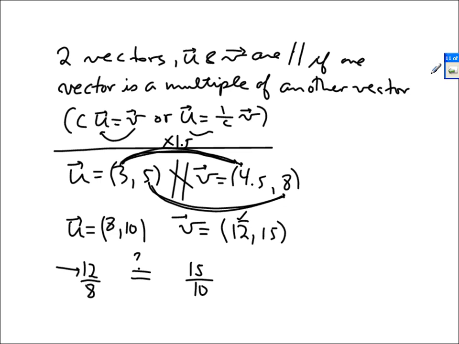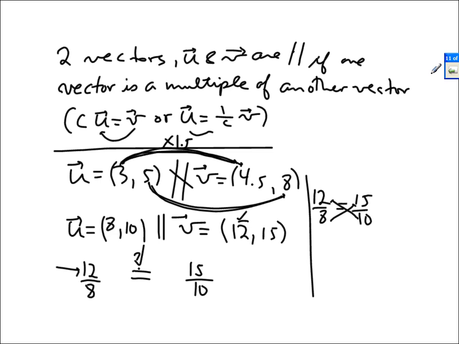The question is, are these two equal? Let me solve that over here. It's 12 over 8 equal to 15 over 10. Now you can cross multiply, but you're going to have to know what 10 times 12 is, which you should know, and what 8 times 15 is. If you do, wonderful. This product is 120, and that product is 120. They are equal, so yes, the vectors are parallel.